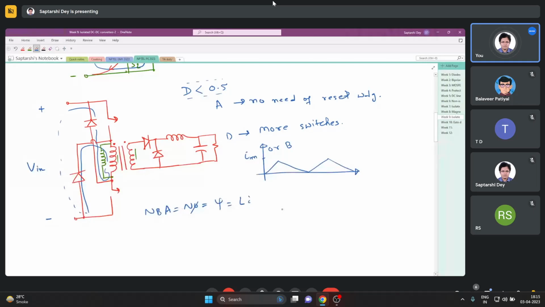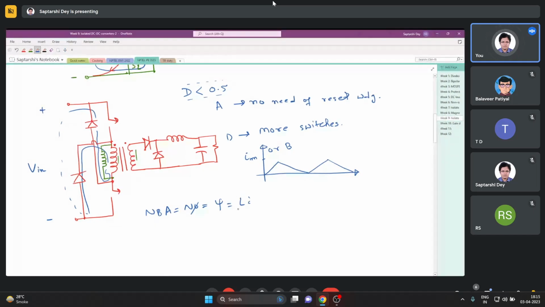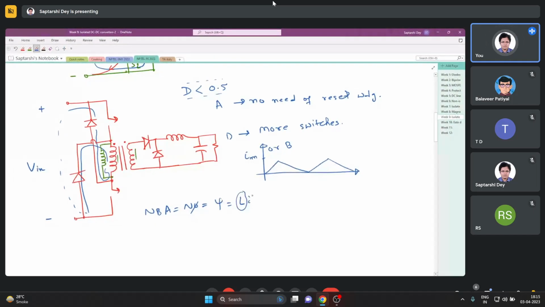So as long as you are in the linear zone, that is as long as your L is not a function of current I, then you can say that whatever I will look like, the waveform of B will be the same. You get the B.